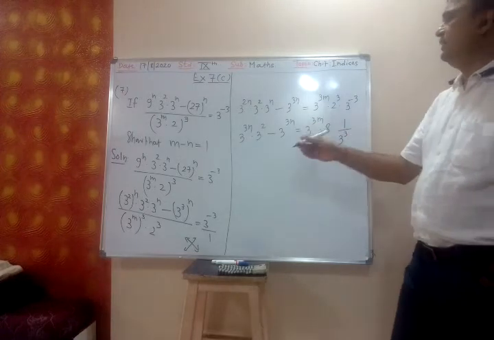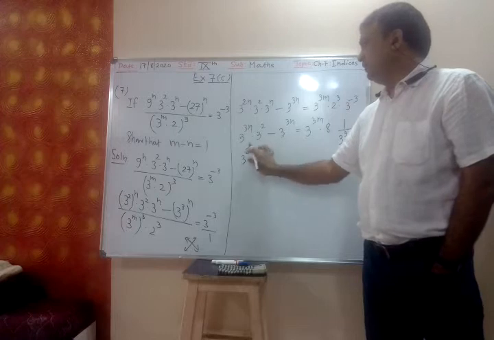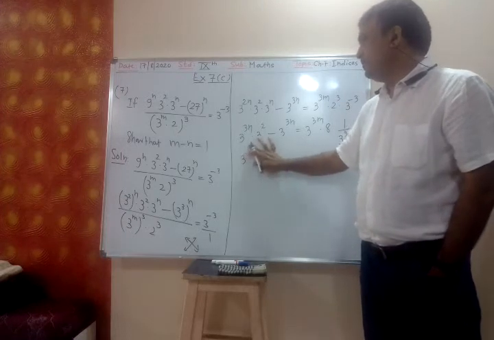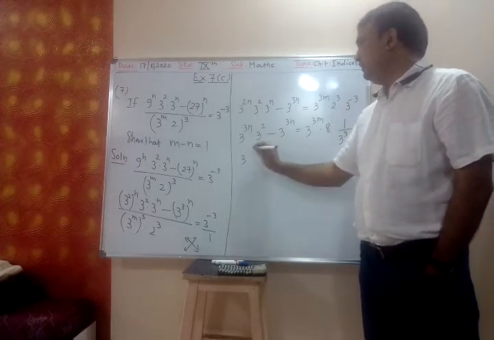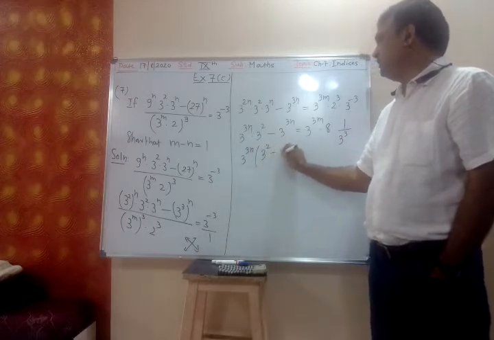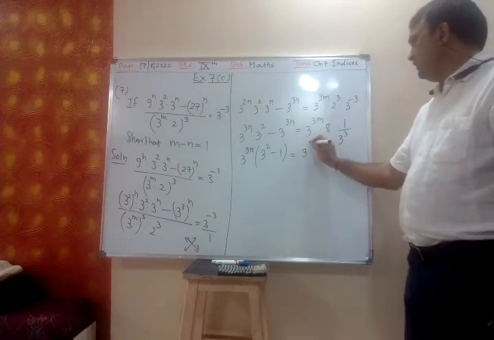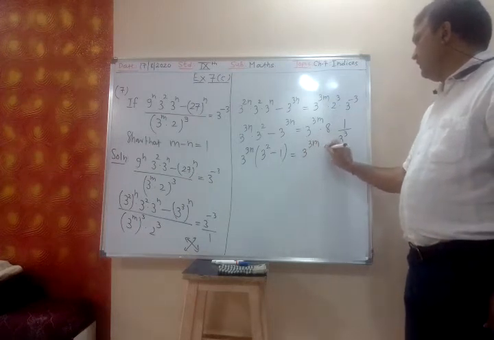That is 3n. Now in the first I will take 3 raised to 3n common. Then what is left? 3 raised to 2 minus 1 is left. And this is 8.